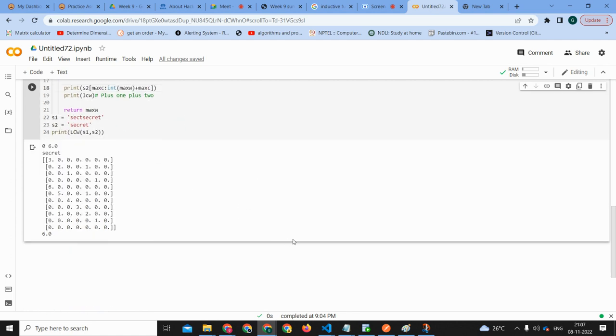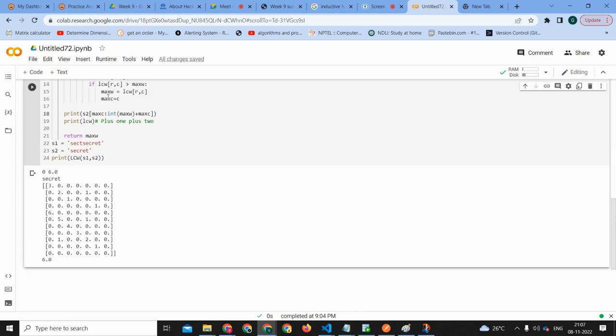This is string slicing. Have you heard of string slicing? What is max C for us in this case? It is 0. So I'll put S2 from 0 to 0 plus the length, which is max W, 6.